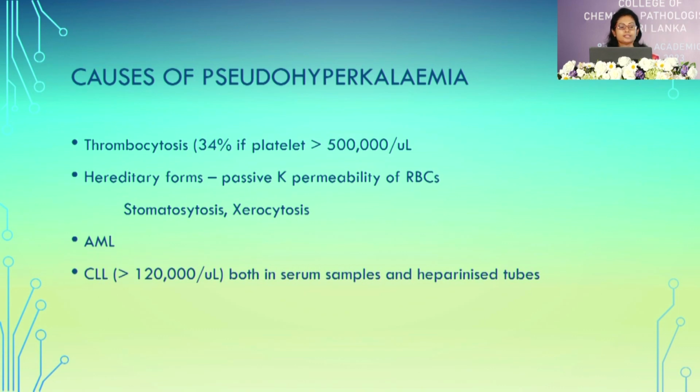Then there are hereditary forms which will increase the potassium permeability of RBCs, like in spherocytosis and xerocytosis. And in acute myeloid leukemia and in chronic lymphocytic leukemia also you can see pseudohyperkalemia.